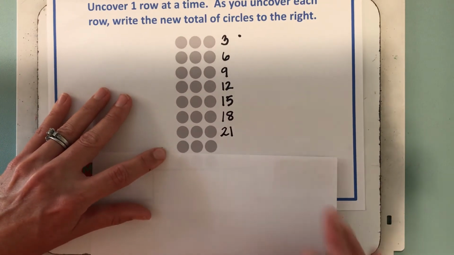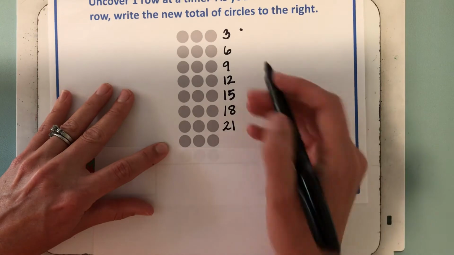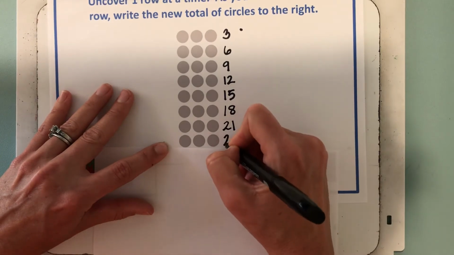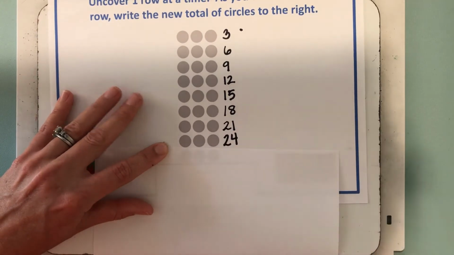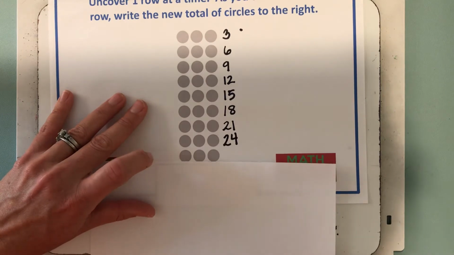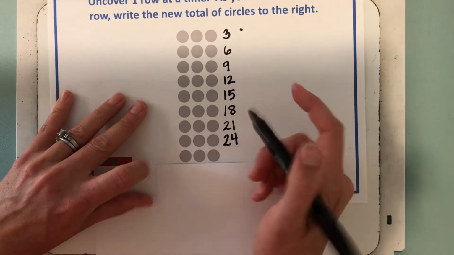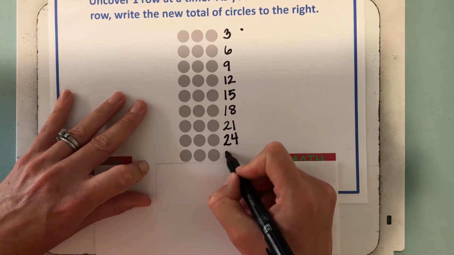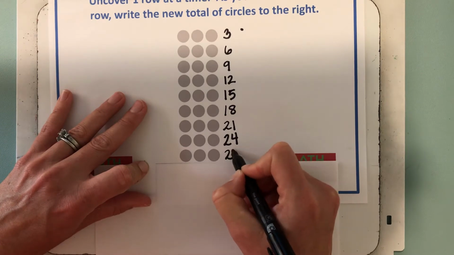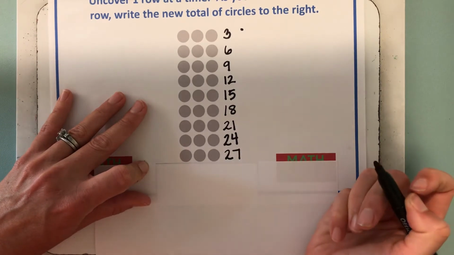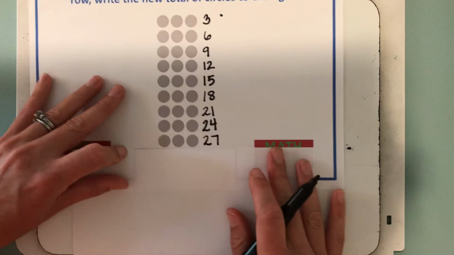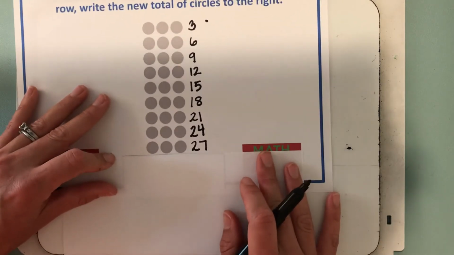And then after that, if I add 3 more, I have 24. Whew, I'm getting tired. And then my last row here, now my total is 27. Oh my goodness, so I have 27 circles here.